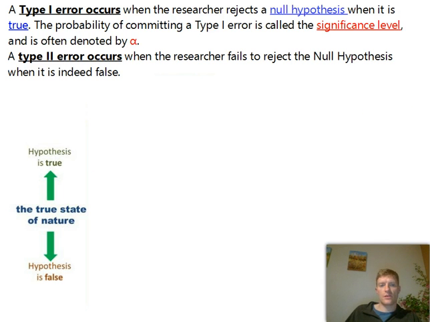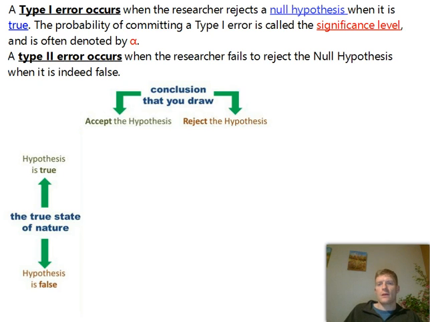Alright, so let's consider those two scenarios. This is describing the true state of nature, the actual factual case. The null hypothesis could be true or it could be false. From our statistics, drawing our sample, we can form two conclusions: we can either accept the null hypothesis or we reject it.